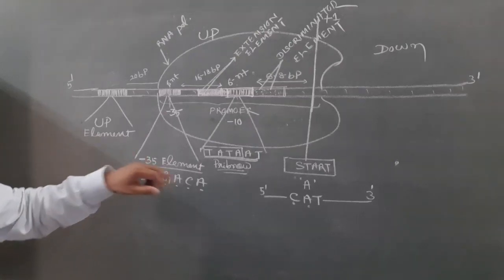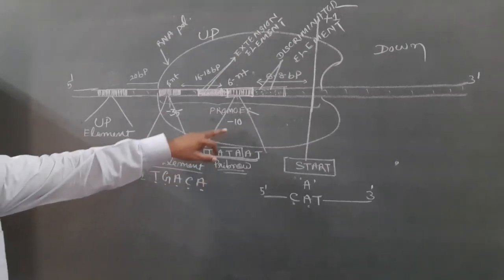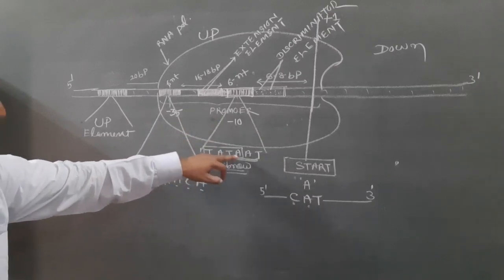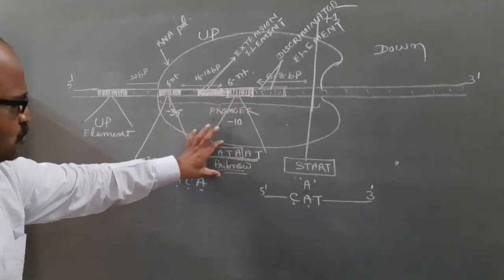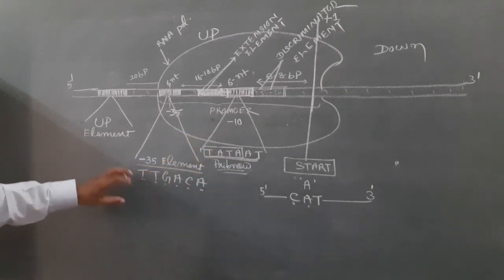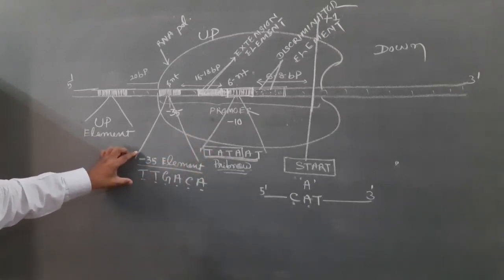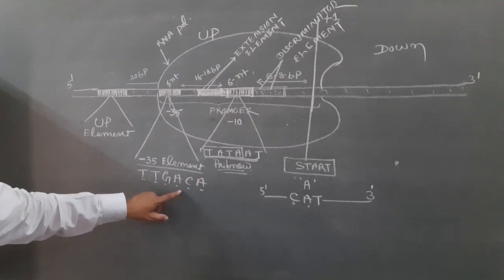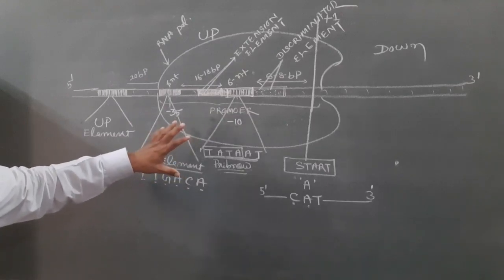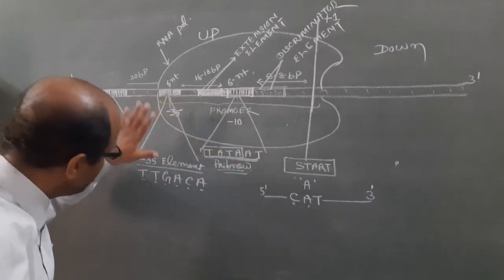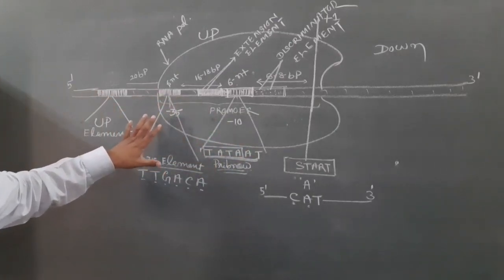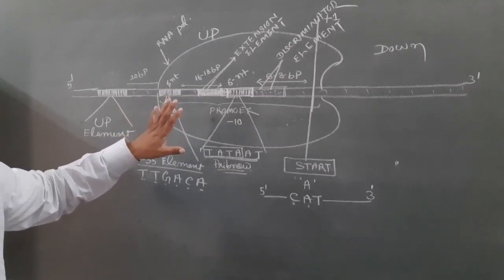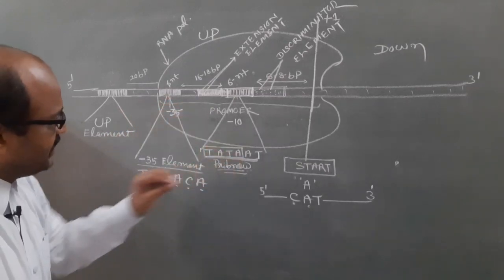So the most important thing is that the minus 10 element or the Tata box contains TATAAT, this is the usual or conserved sequence, and the minus 35 element has the sequence TTGACA. Very few promoters have this exact minus 10 and minus 35 sequence, but most differ by only a few nucleotides.